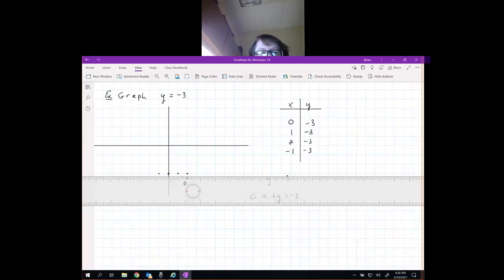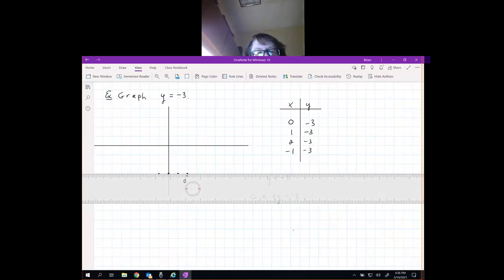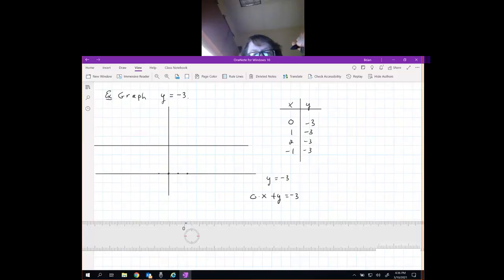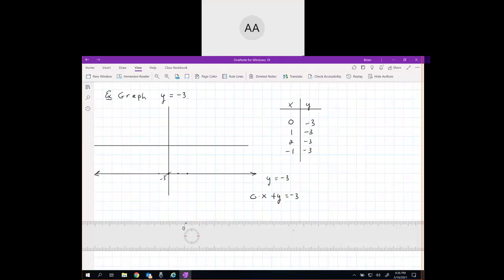Come on down. Here we go. I think that'll do it. There's our line, and it goes through where y is -3 on the y-axis. So this is a horizontal line.